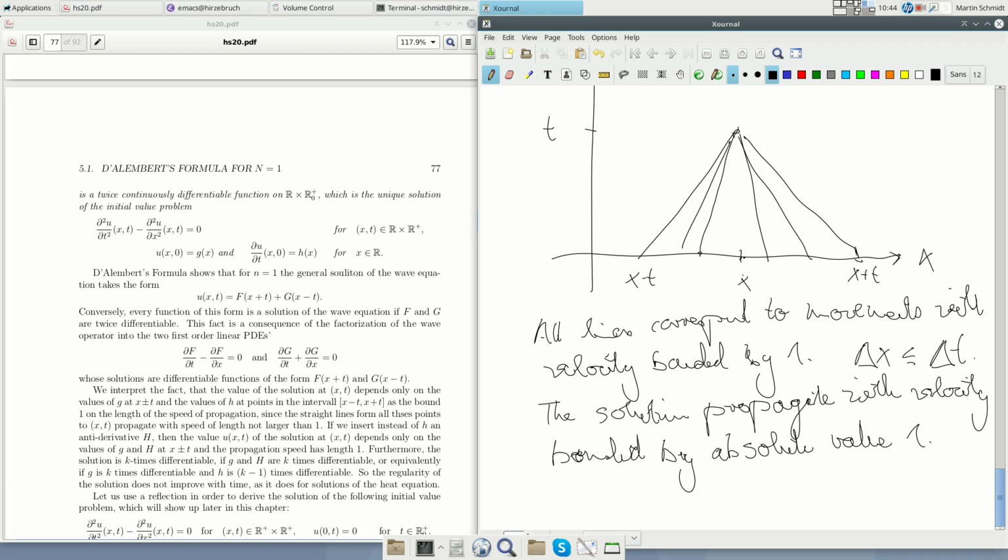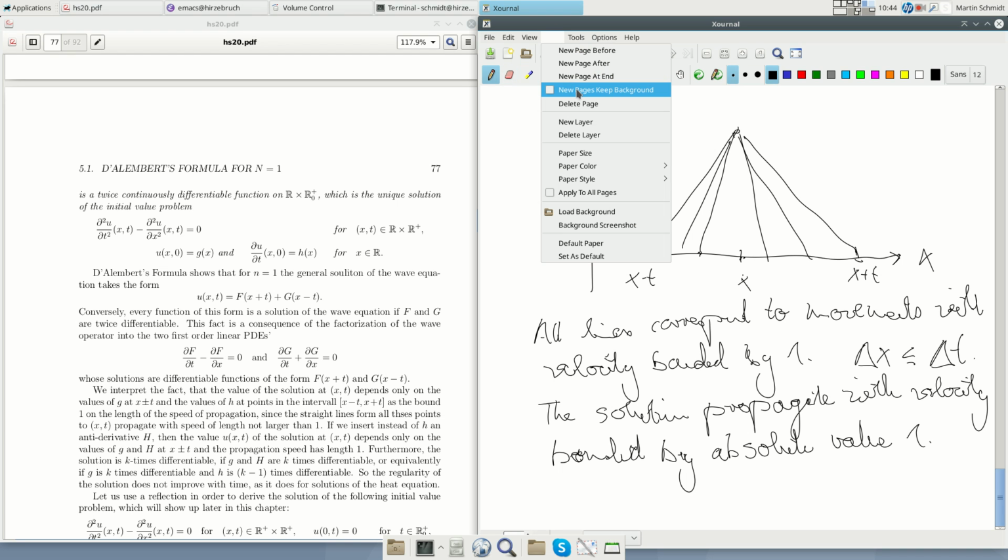This is a difference to the heat equation. Yeah? In the heat equation, maybe I recall the formula for the heat equation, because for the heat equation we also had x and t.